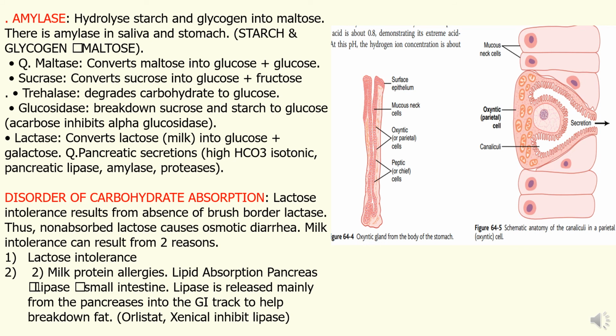And then let's discuss lipid absorption. It occurs in the small intestine with pancreatic lipase. Lipase is released mainly from the pancreas into the GI tract to help breakdown of fat. Orlistat, Xenical, these are the drugs which inhibit lipase.